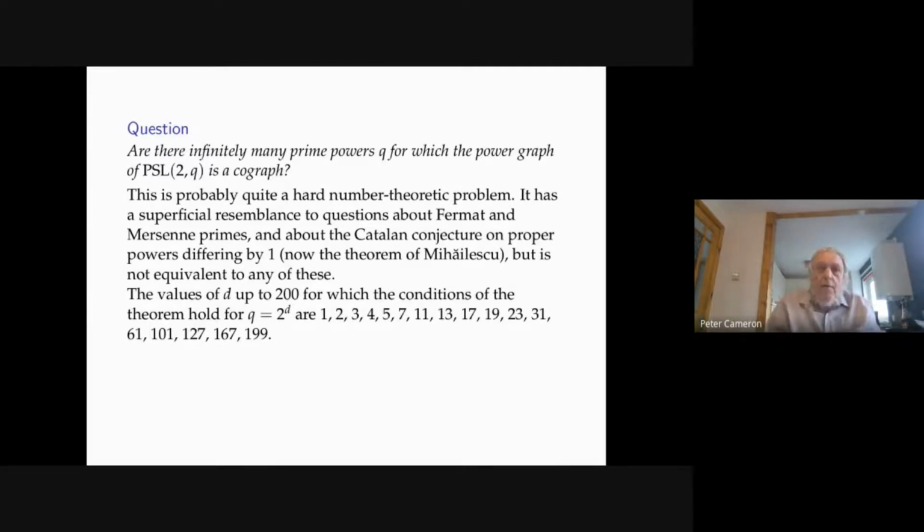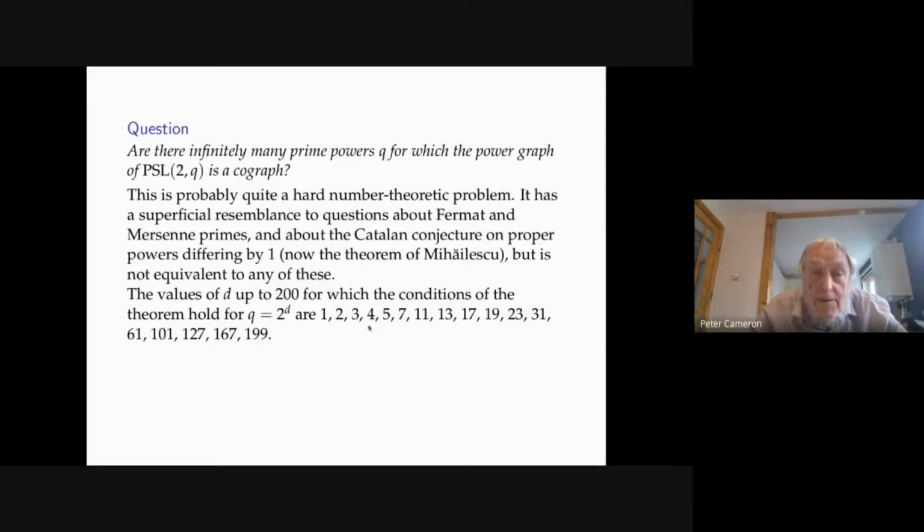So if you look at powers of 2, Q equals 2 to the d, and you ask for which d is it true that Q minus 1 and Q plus 1 are both either prime powers or products of 2 distinct primes? You get quite a long list of d up to 200. So, for example, if you take d equals 4, Q is 16.